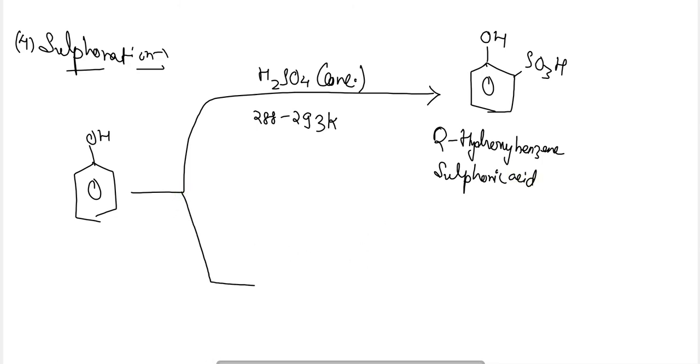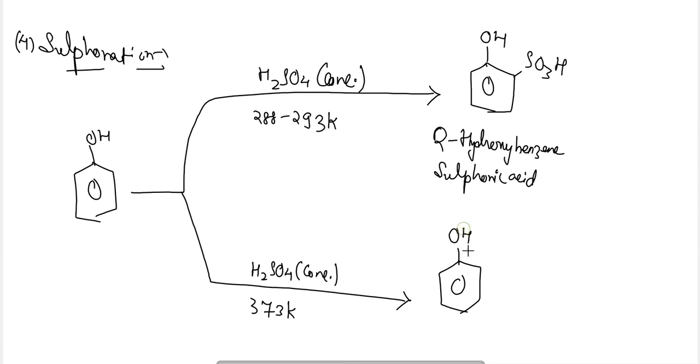And if the temperature is increased to 373 Kelvin, there the para sulfonic acid will be formed, that is 4-hydroxybenzene sulfonic acid, which is the para product. Okay, so this is the sulfonation.